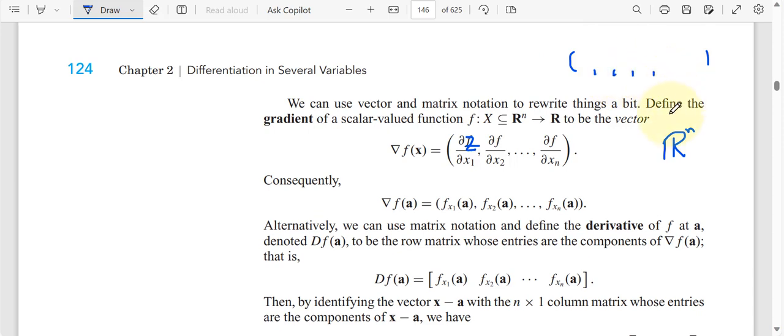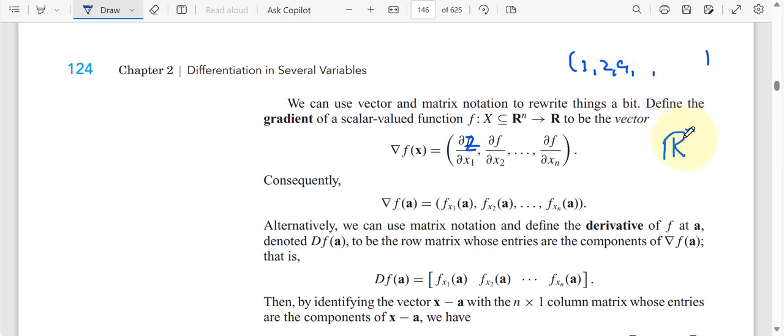So each element is like a number, so we might have 3 and 2 and 9 and so on. That would be a vector in Rn if there were n pieces here.